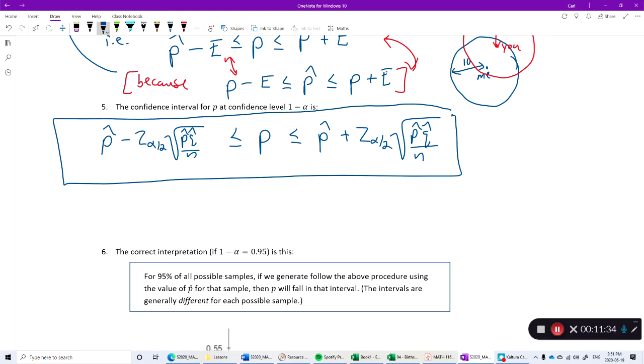So everything on this side is all known from the sample data. All of those things can be computed just from the sample data. The Z value is computed using Excel, and same thing here. This is all known from the sample data. It's the same numbers.